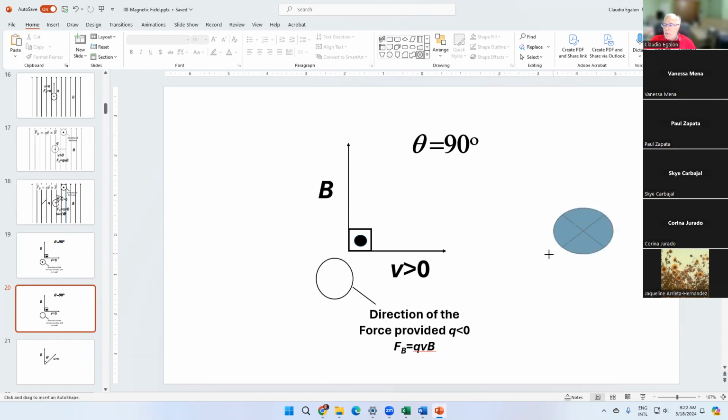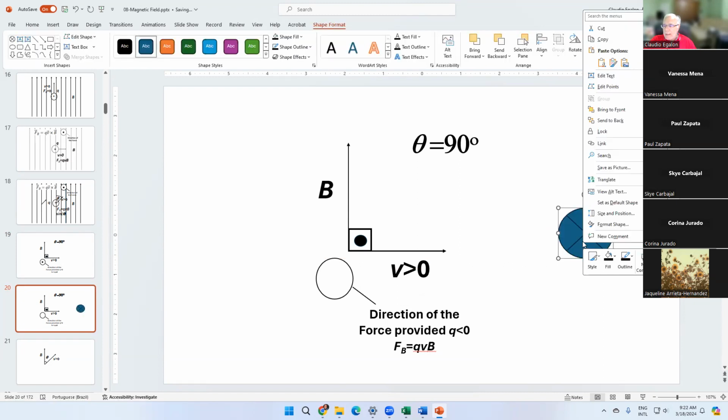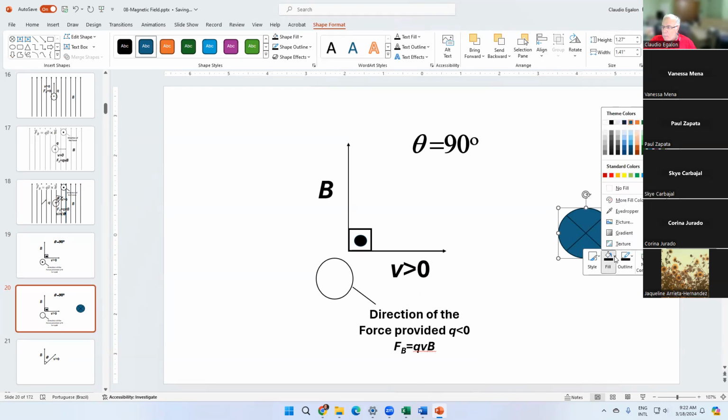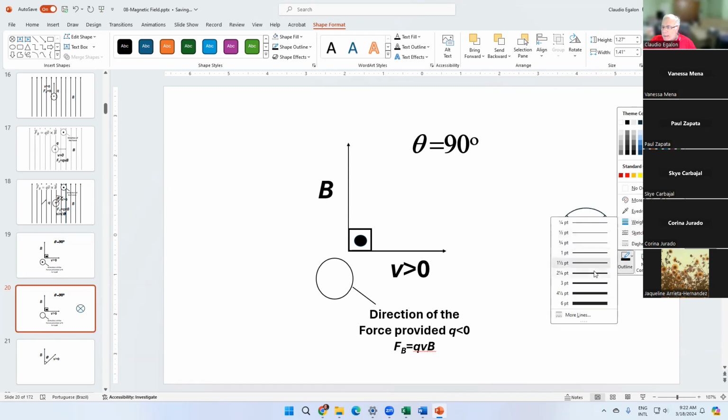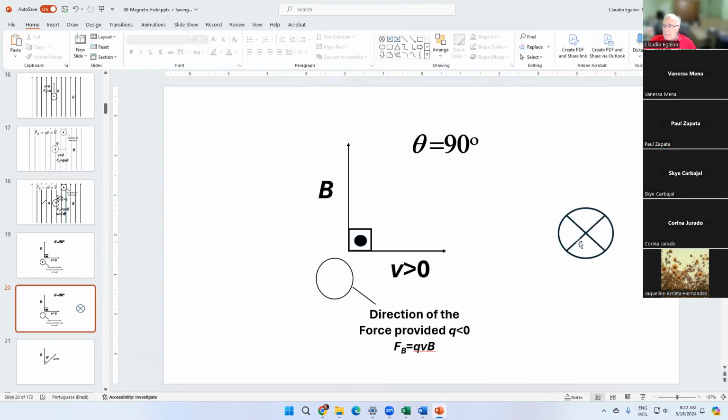Right here, that's the one I want. And here is the back of the arrow, right? I'm gonna make it a little bit thicker, yeah. And oops, replace this guy right in here.